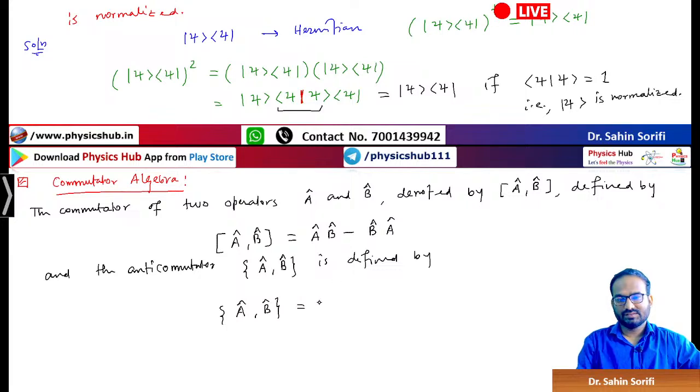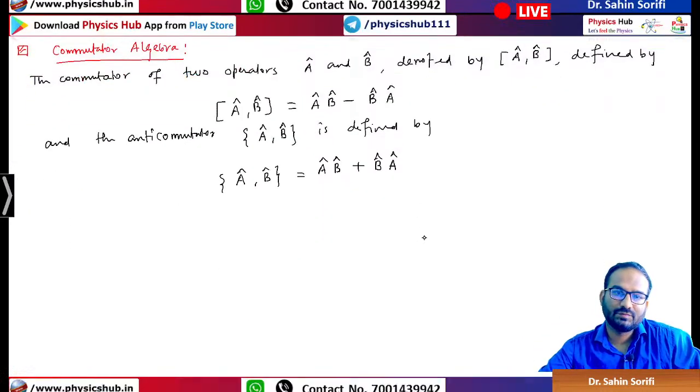Instead of minus, there will be a plus sign. Okay, this is the anti-commutator.